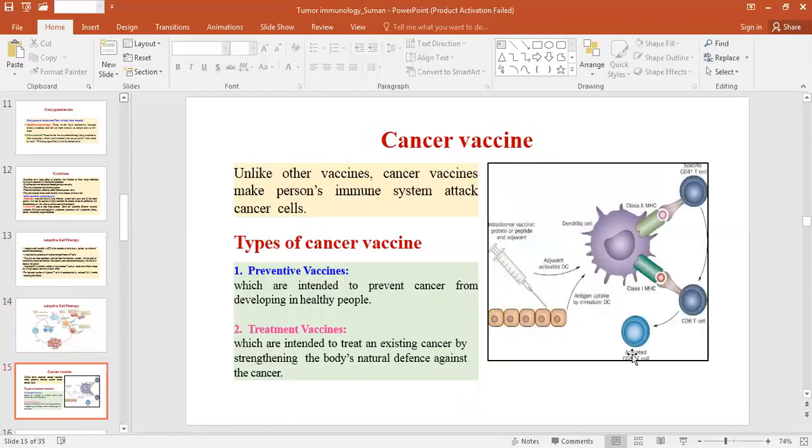The last one is cancer vaccine. In general, a vaccine is a preparation of an antigen that drives an immune response and provides acquired immunity to a particular disease. There are two types of cancer vaccine: the preventive cancer vaccine and the treatment cancer vaccine.